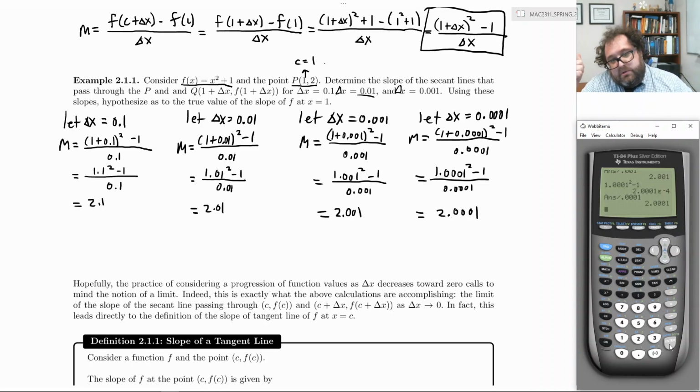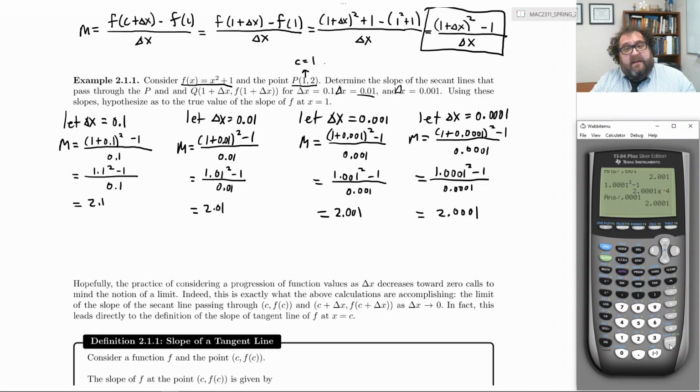Okay, so here's my question. Hypothesize as to the true value of the slope of that line. So we have this series of secant lines. We have a point c and a point c plus delta x, f of c plus delta x. It's getting closer, closer, closer. Here we have 4 different slopes of 4 different secant lines, and as you get closer and closer, the slope of the secant line gets closer and closer to the true value of the slope of the tangent line.